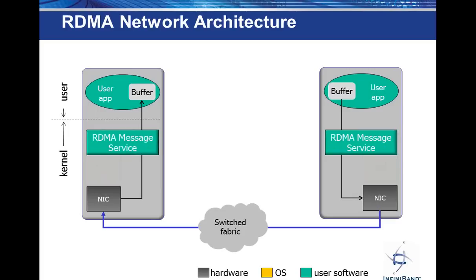And by so doing, instead of an I/O system as you've seen before, what we really have is an RDMA messaging service, shown as that green box that you can see. The application accesses this messaging service directly, so that means that no OS interaction is required once the messaging service has been established.